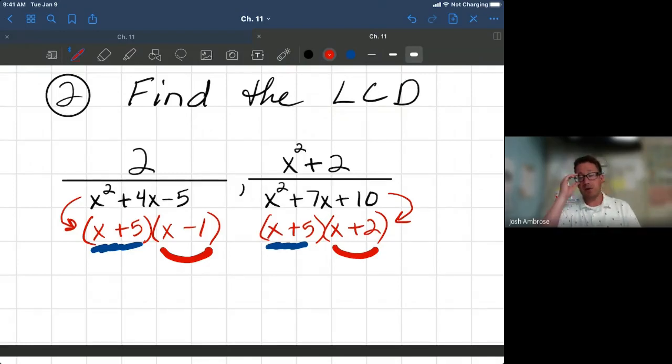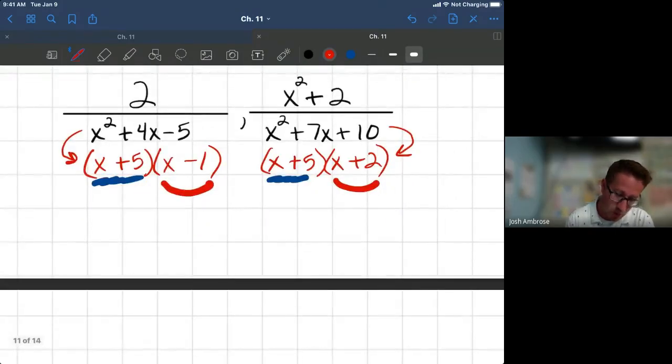So what we already have, we have one common piece, x plus 5, but we have two non-common pieces, x minus 1 and x plus 2. And you can't just make them become each other. So this is what your common denominator would ultimately be.